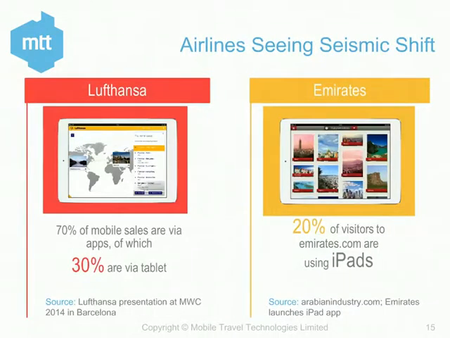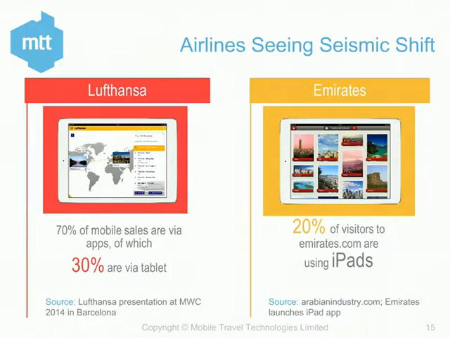And then in terms of numbers and what airlines are actually seeing, you'll probably have data of your own: if you go to Google Analytics or your own analytics package for your website, you'll see lots and lots of travel traffic there. There are already lots of people using their tablet to access your regular website.